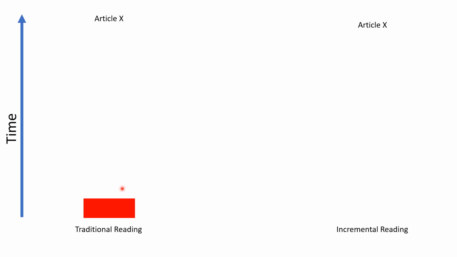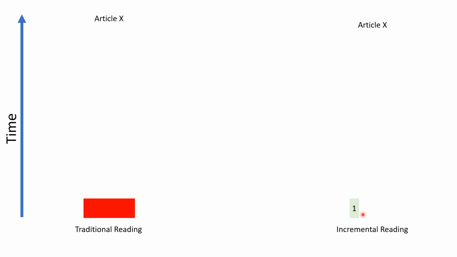So in traditional reading, you'd usually read the article in one day. You'd probably read it over 2 days if you're going to space it out. And in incremental reading, you'll take an extract. So in here we've got the first extract, okay?